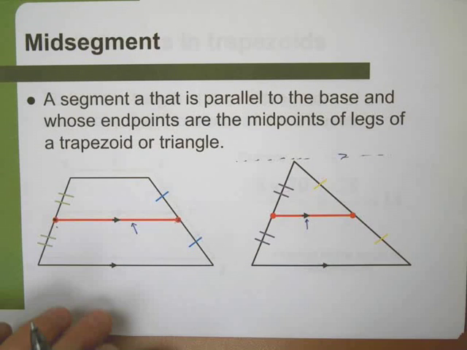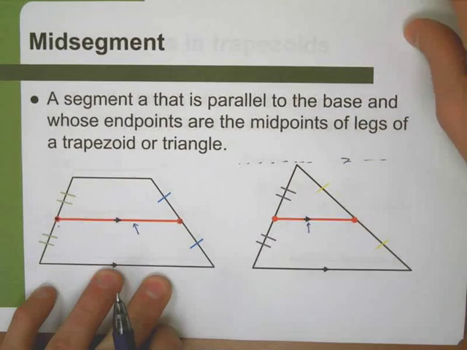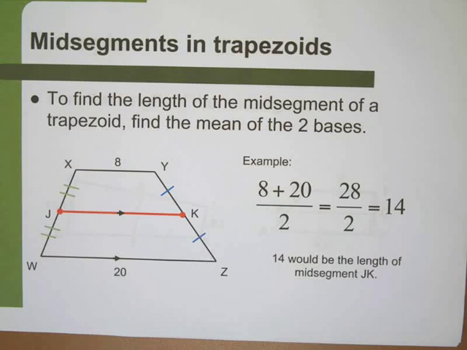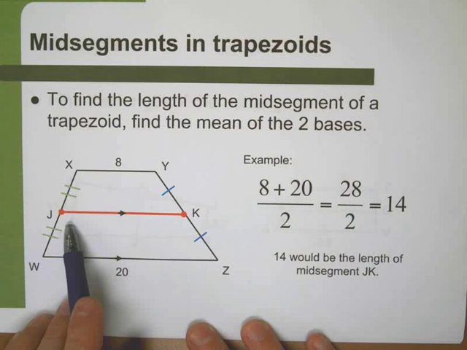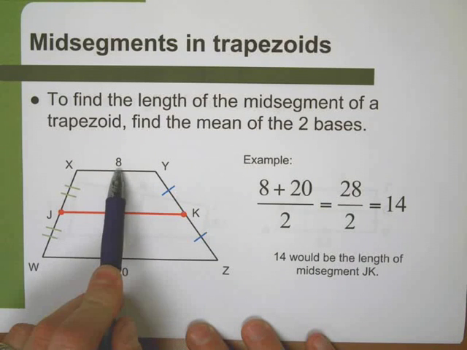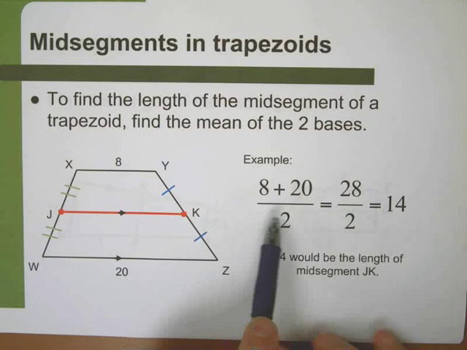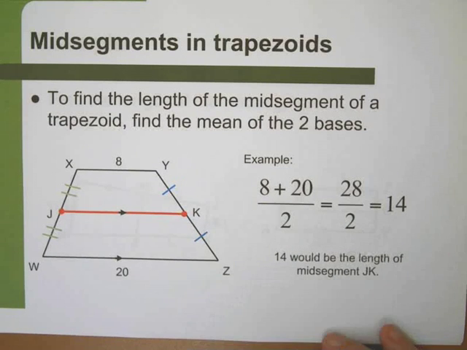Now, we're going to use this idea because it turns out there's some very easy math involved to find dimensions of these trapezoids, for instance. And all it is this. To find the length of this red line right here, all I have to do is take the average length of the two bases. So if I have a length of 8 for the little base and a length of 20 for the longer base, I add them together and divide by 2, that's 28 divided by 2, that's 14.